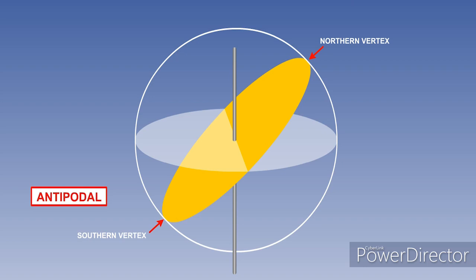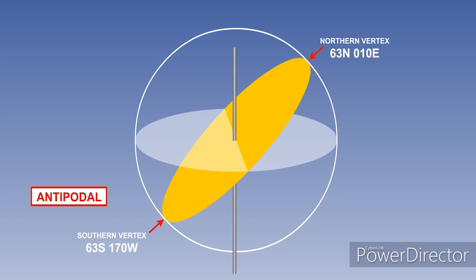From the example on the screen, the northern vertex of the great circle is 63 degrees north and 10 degrees east. The southern vertex will have the same value of latitude, except it is south, in this case 63 degrees south. The great circle will have these two antipodal points on a meridian and its antimeridian.